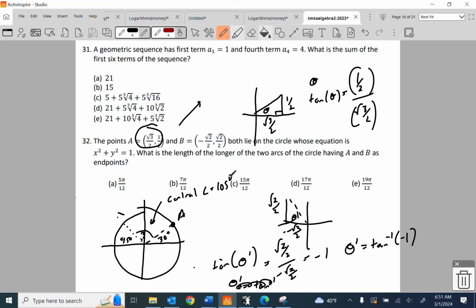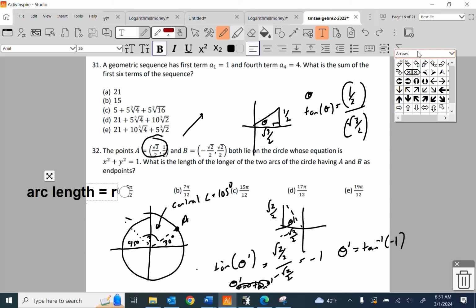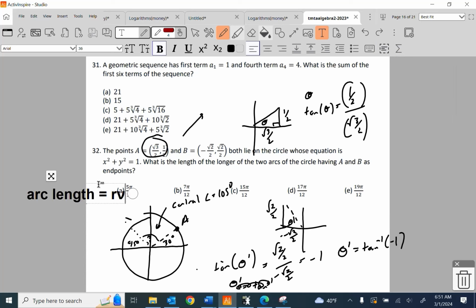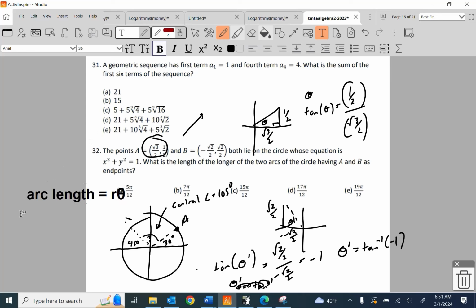Now there's a little formula for arc length. There's two of them. There's the one you learned in geometry, and then there's the one I prefer to use. It says arc length is equal to r theta. The only difference is that theta is in radians.